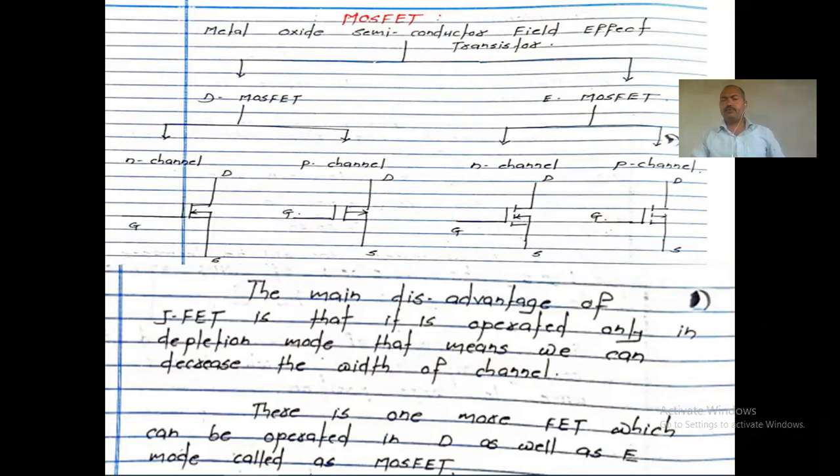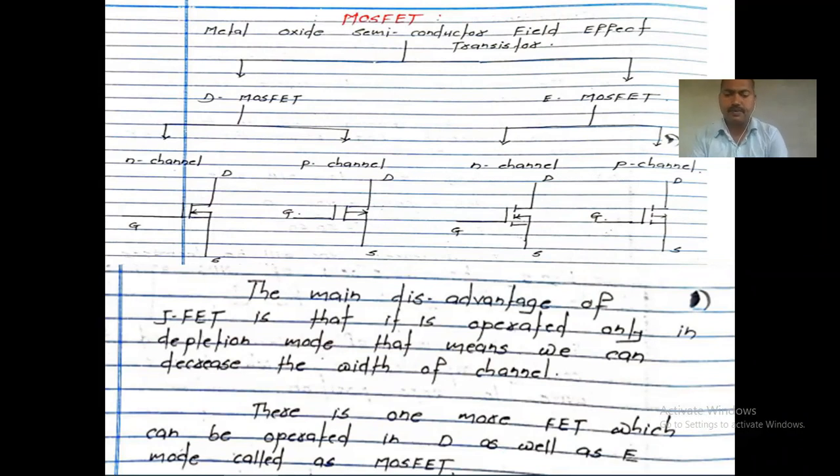Negative means we vary it, increasing or decreasing, but only these two, either 0 or negative, right? According to changing the voltage, the size of the depletion layer formed in your MOSFET changes. This is the thing with respect to JFET, as we have seen already, right?